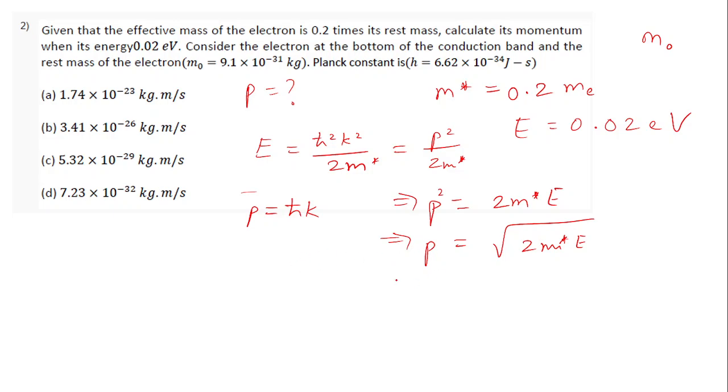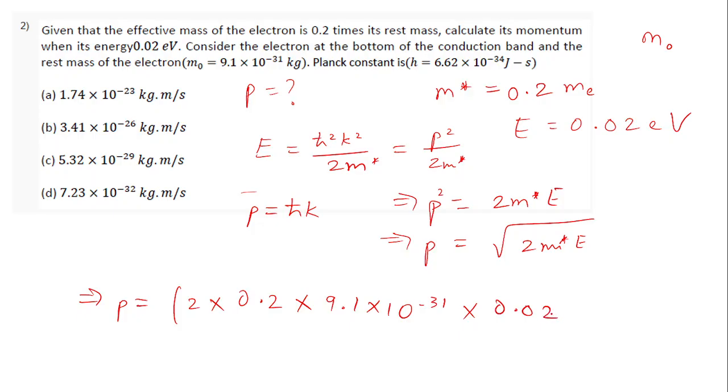Now if we substitute these values, P will be square root of 2 times m star, which is 0.2 times me, and mass of electron me or m naught is 9.1 times 10 to the power minus 31, and the energy which is given, 0.02 electron volt.